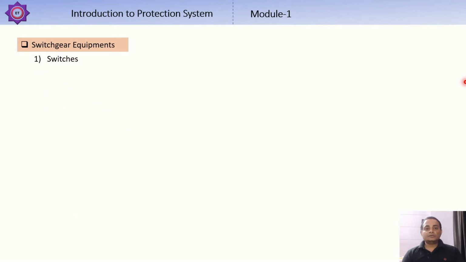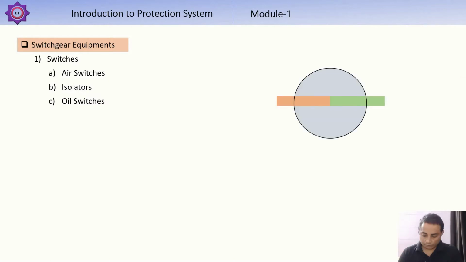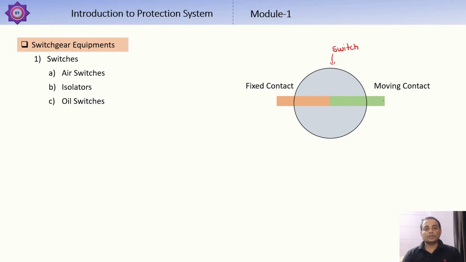Switch is a device which is used to open or close an electrical circuit in convenient way. It can be used under full load or no load condition, but it cannot interrupt the fault currents. The switch may be classified into air switch, isolator and oil switch. This one represents a switch layout, having fixed contact and a moving contact.